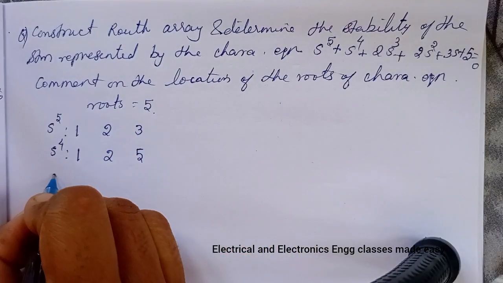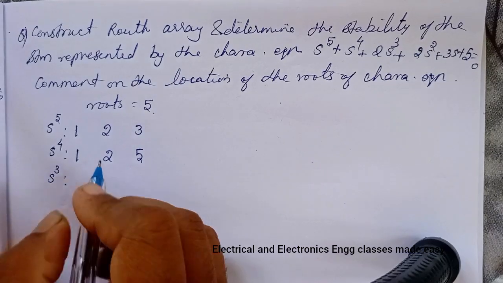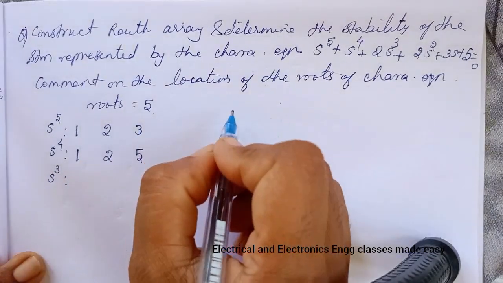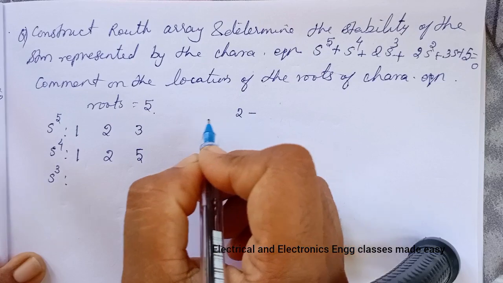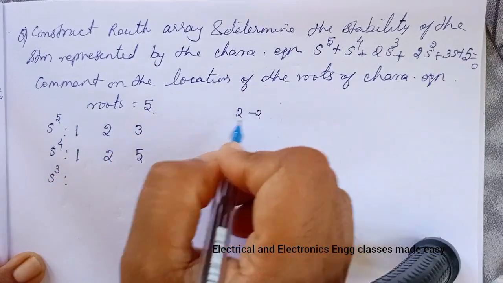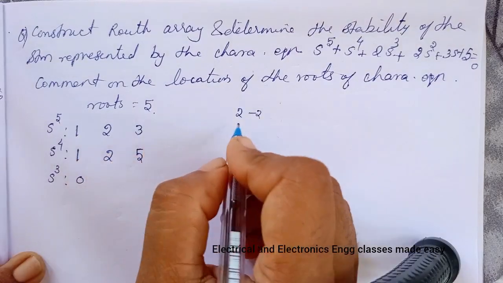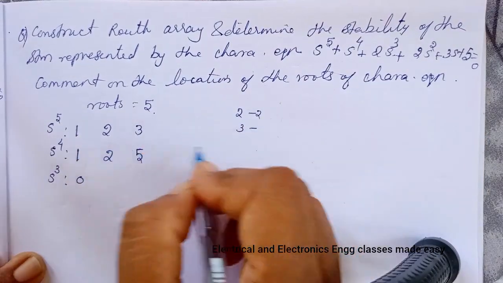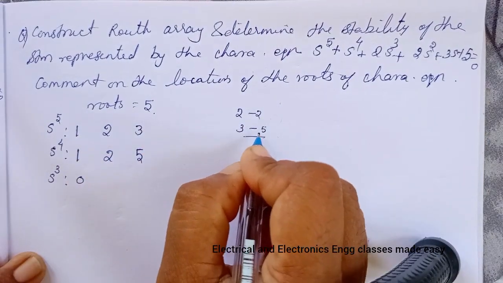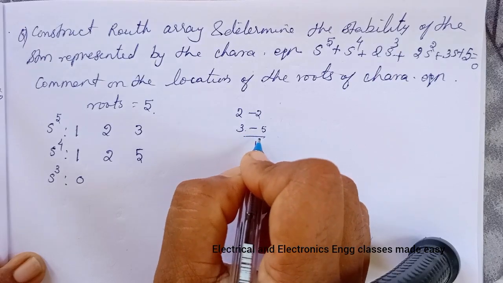Now we can construct s cube, that is 1 into 2, that is 2 minus 2, 0. Next element is 1 into 3, 3 minus 5 divided by 1, that is minus 2.